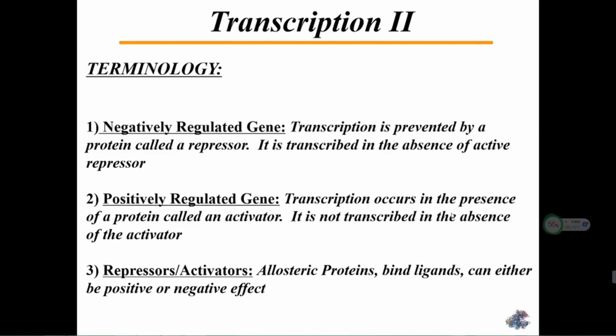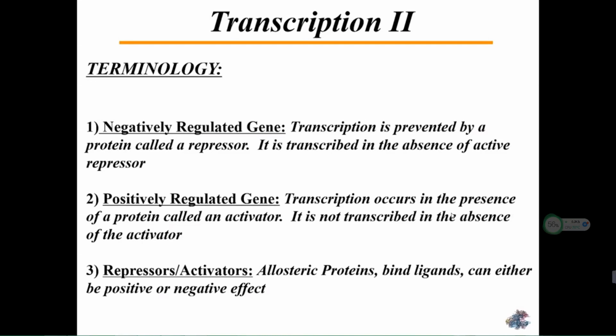When we have a gene that is negatively regulated, we infer that transcription is prevented by a protein called a repressor. So this protein, in its absence, will allow for the transcription of a particular gene. So this is negatively regulated gene expression.